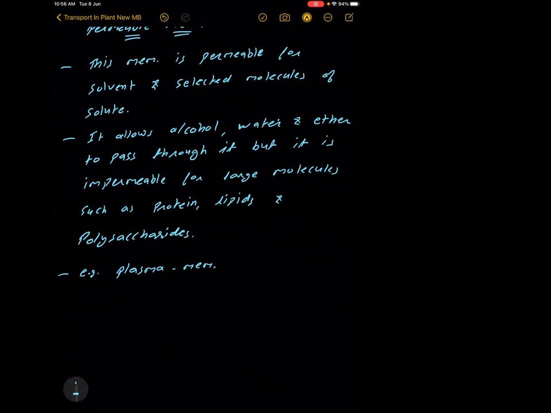Movement of water through a selective permeable membrane, from low water concentration to high water concentration, from dilute solution to concentrated solution. Yes, that is called osmosis.